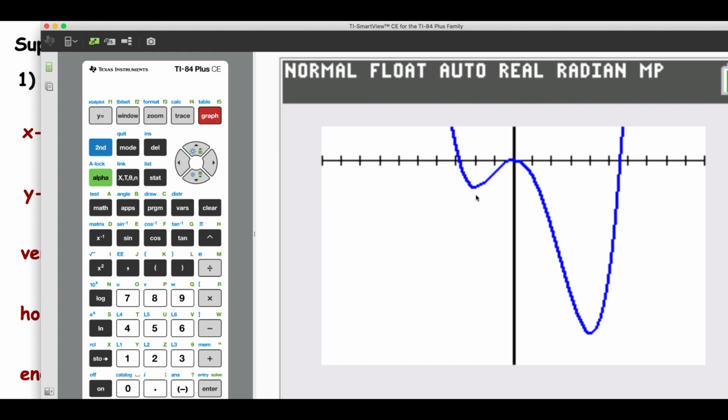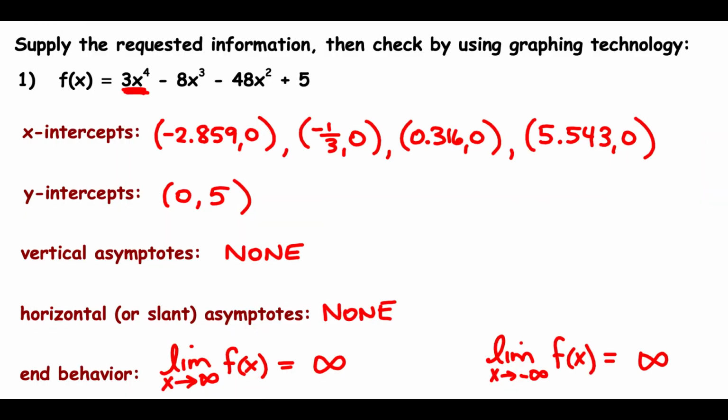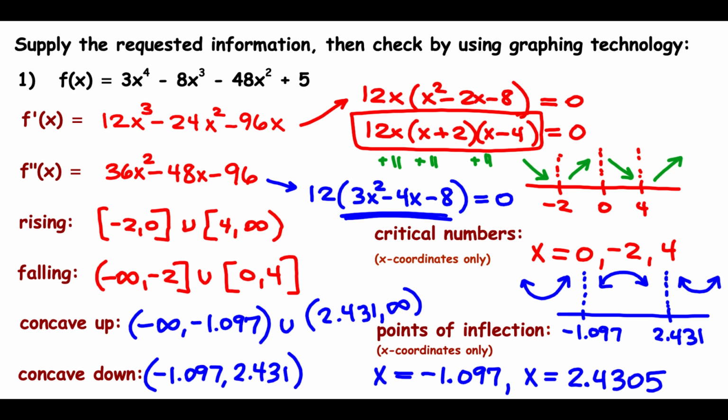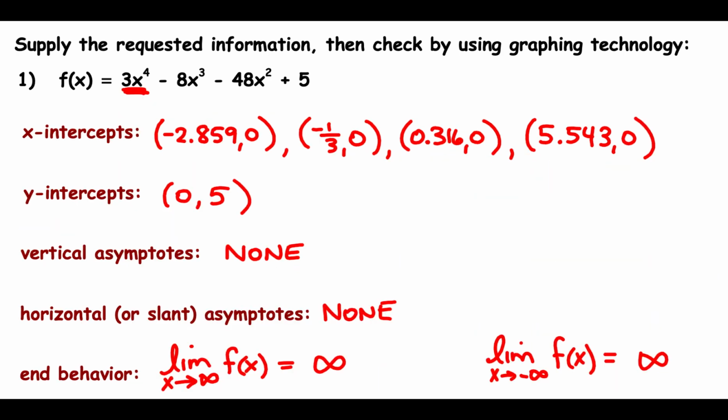There's a min right here at negative 2, a max at 0, and another min right here, and that's going to be at positive 4. Negative 2, 0, and positive 4 were our critical numbers, you may remember from the first slide. And we predicted that there'd be a min at negative 2, there'd be another min at 4, and a max at 0. So that checks out nicely. All right, moving ahead to number 2.